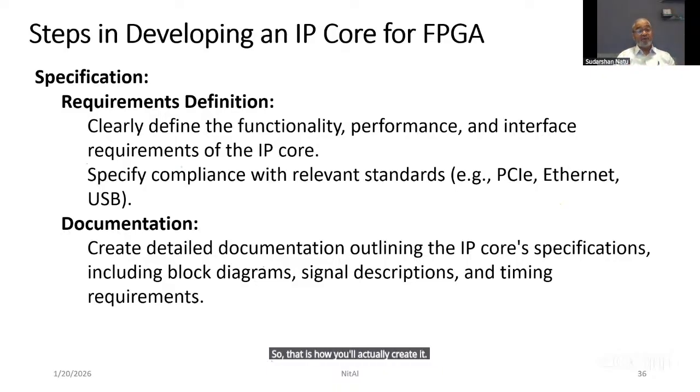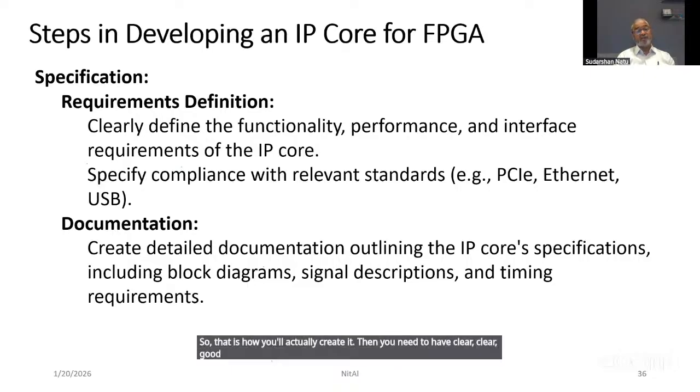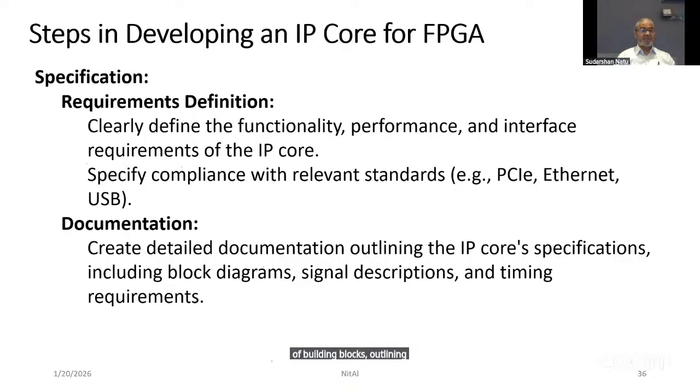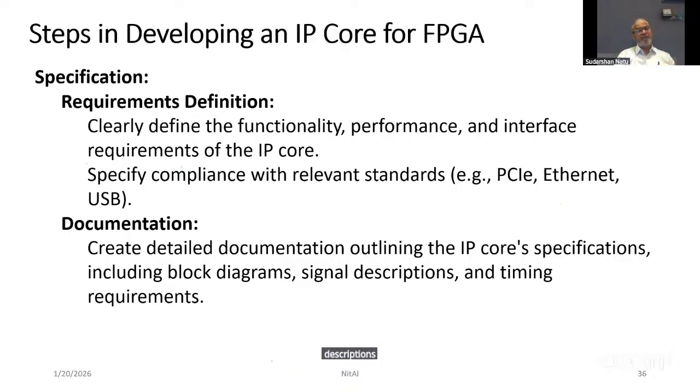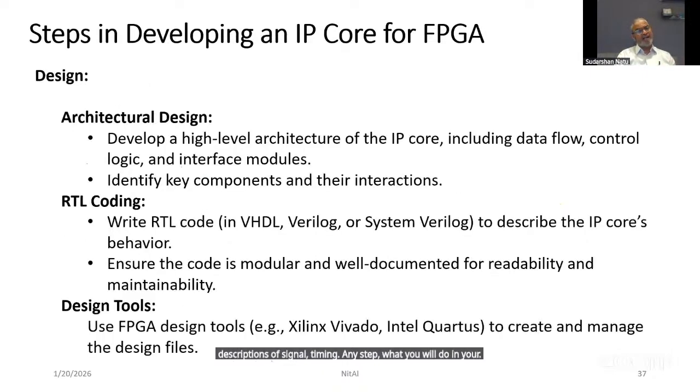Then you need to have clear, good documentation of the building block, outlining each specification of your building block, descriptions of signal, timing, and any step you will do in your RTL design. Then comes the stage of design, which is architecture design, RTL coding, design tools, the same. So developing your higher level architecture and taking it to the entire coding cycle.